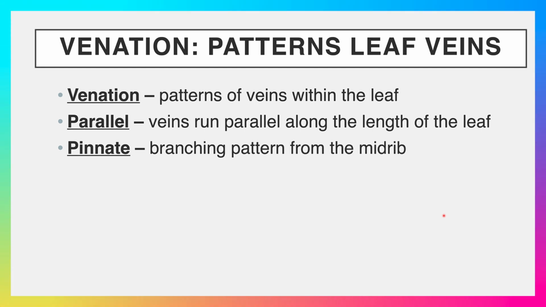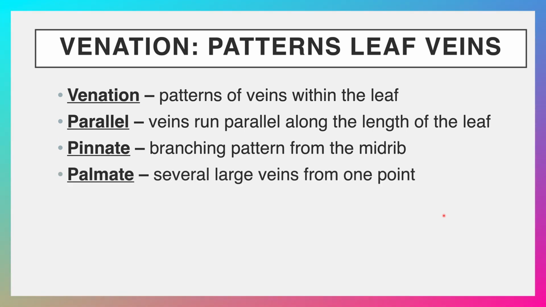The pinnate pattern is a branching pattern where you have a central dominant vein known as the midrib, and then veins branch out from the midrib. And then the palmate pattern is when you have several large veins that initiate at the start of the blade, and they initiate out from there in sort of a radial pattern.